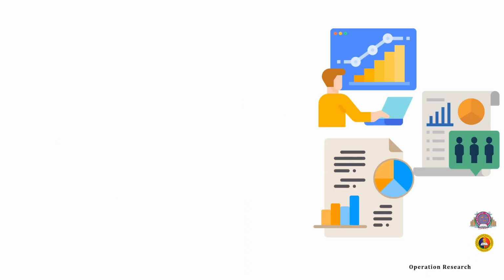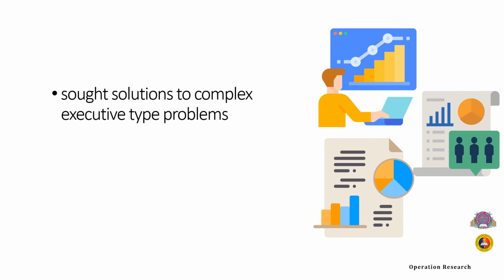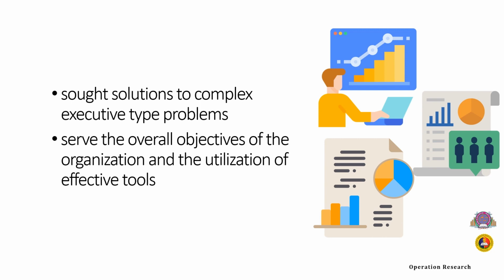The techniques they used in their operations research were applied to address problems in business, government, and society today. In industries, operations research was used to seek solutions to complex executive-type problems and to serve the overall objectives of the organization and the utilization of effective tools.